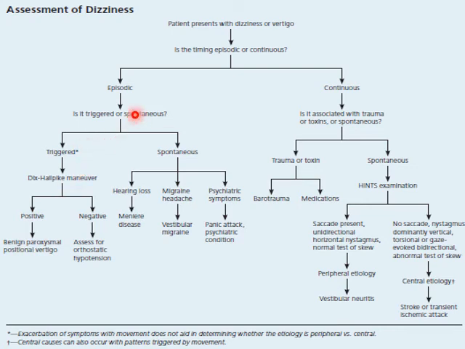What about لو if these episodes are spontaneous مفيش triggering factor بتحصل لوحدها on its own ساعتها ممكن لو في noted hearing loss يبقى هعمل audiological assessment. I will ask for audiological assessment and this might lead us to diagnose Meniere's disease.